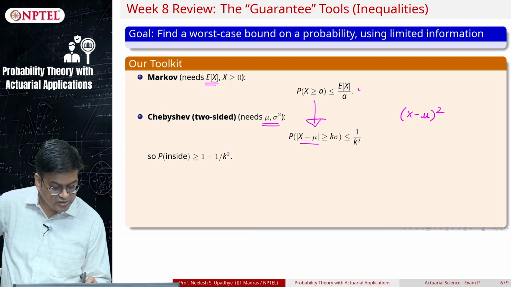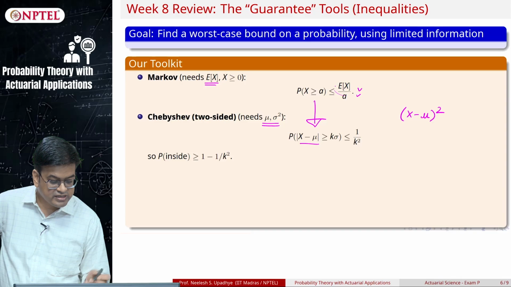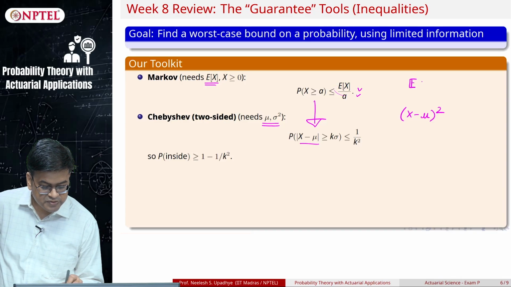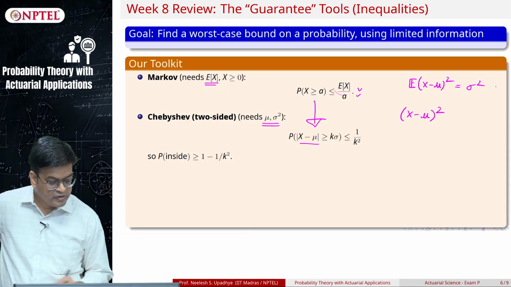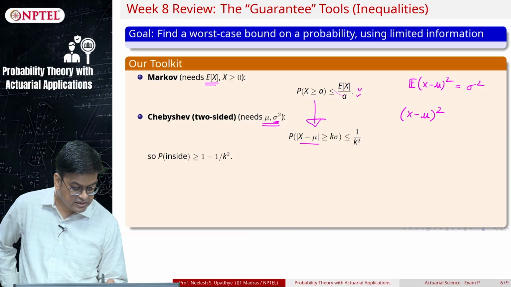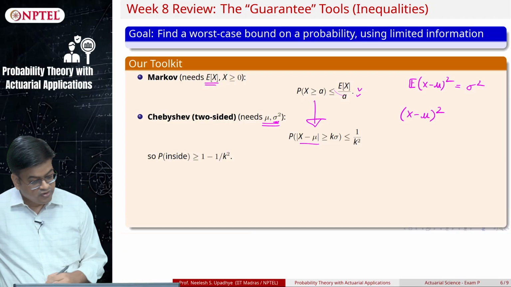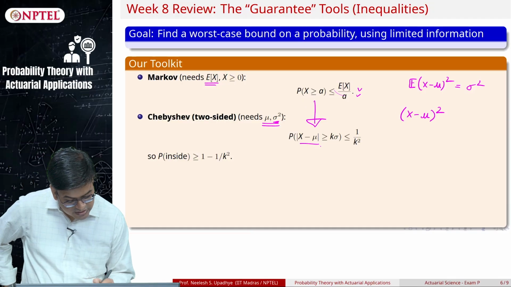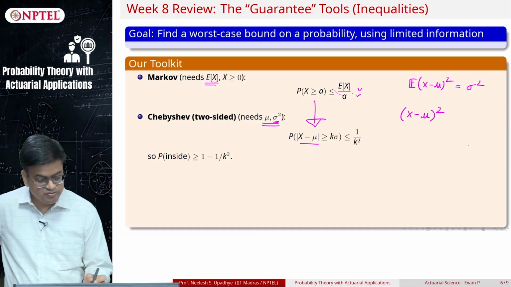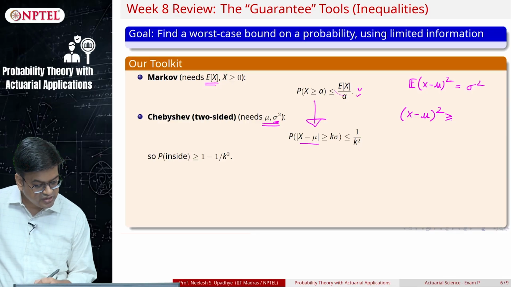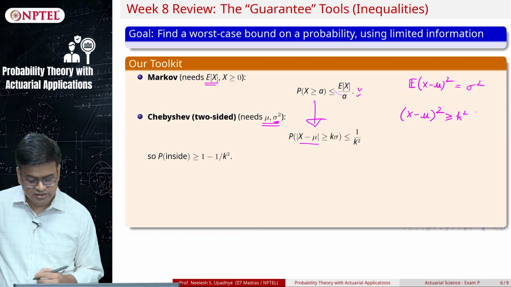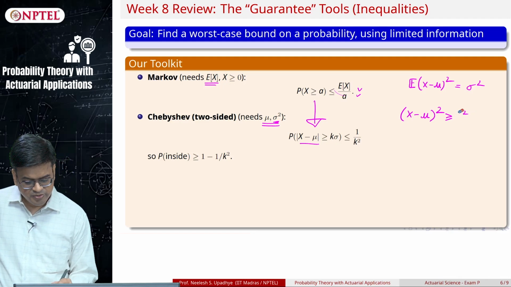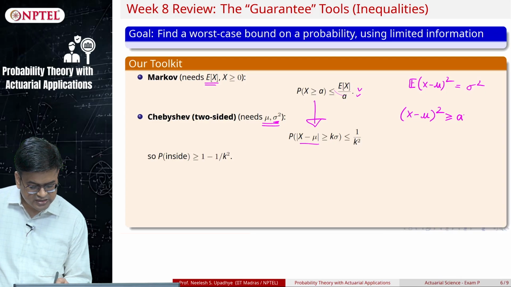Then for Markov inequality to be applied, what I need is the expected value. So, what is the expected value of x minus mu the whole squared? It is actually sigma square. Do I have that information? Yes, I have that information. Now, what I can do is essentially map this to x minus mu square greater than or equal to some k square, or to be precise, some a squared.